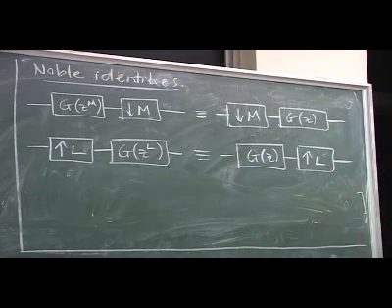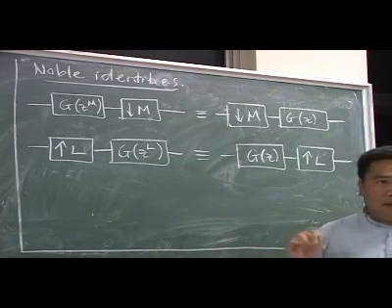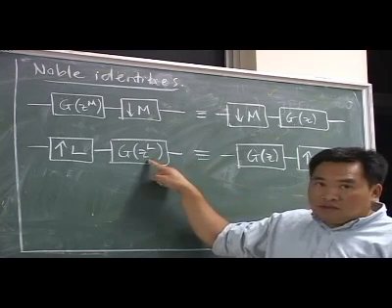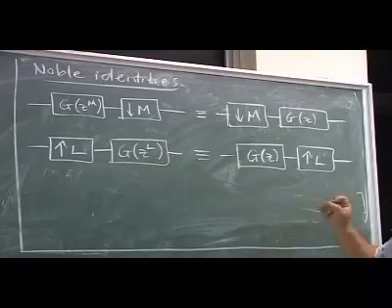Again, in general, I cannot interchange the operations. In this case, where this is a function of Z to the L, you can show that it is equivalent to this form.